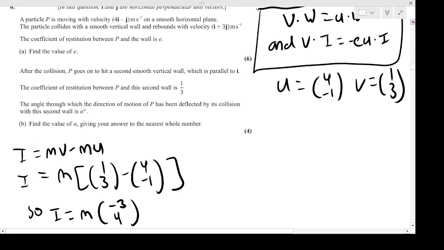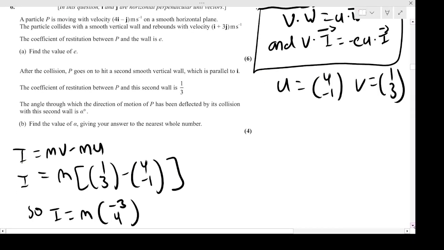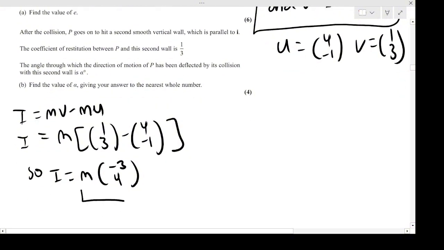But if you again remember what I said about this last time, for the vectors w and I, I just care about a direction vector. So I just care about a multiple of the vector, right?